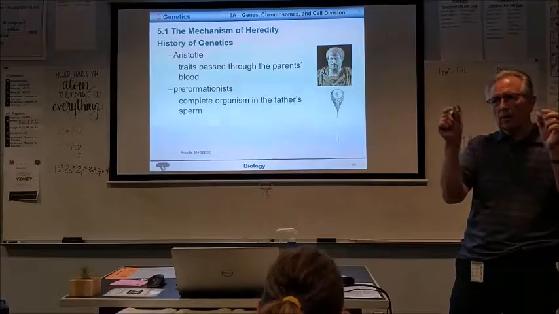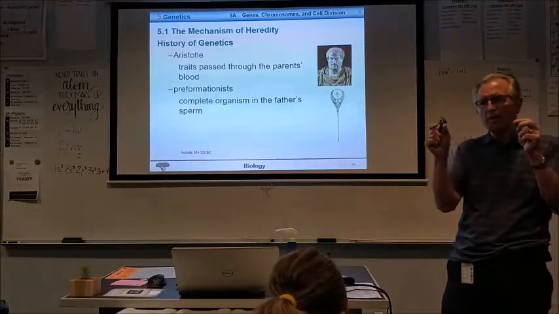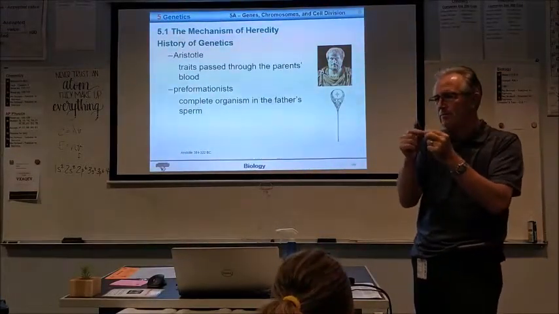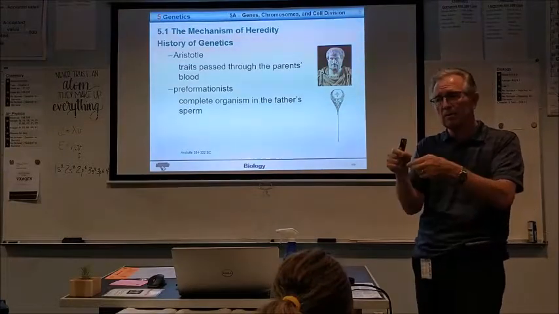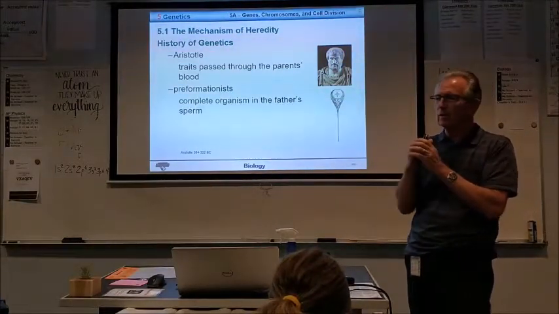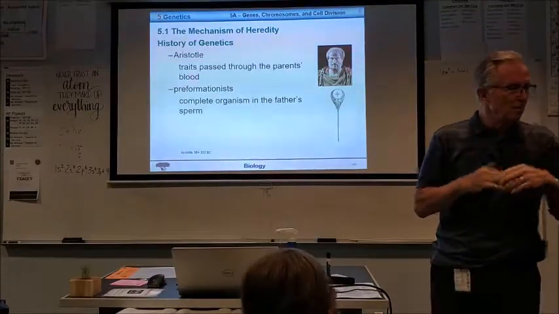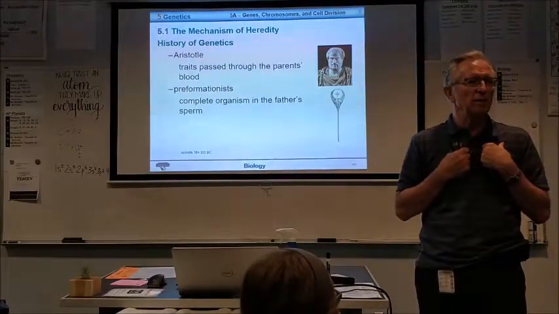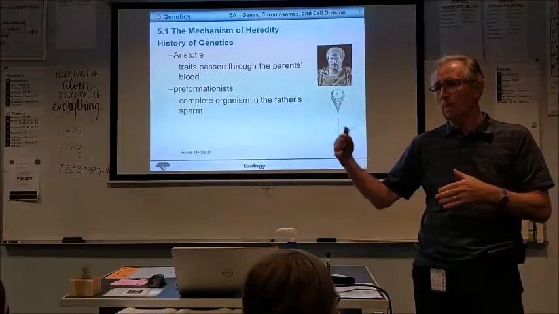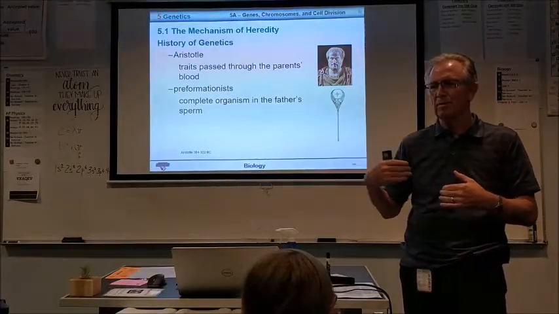So it was a particle carried in the blood, and then each parent gave a portion of that to make you. Your book points out this fact. Have you ever heard somebody say he's my blood relative, as opposed to marrying in, I guess is what the other side is.